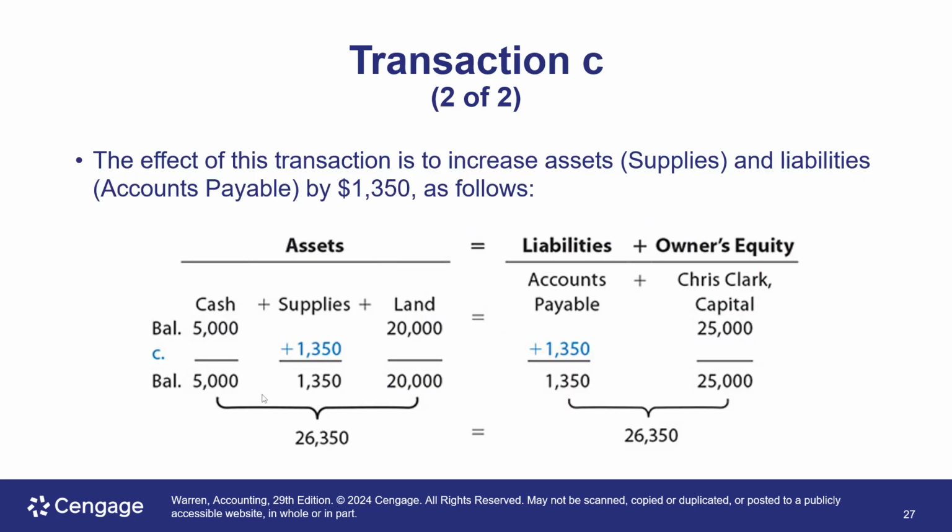So if we look back at our accounting equation, now we have $5,000 of cash, $1,350 in supplies. We didn't spend cash on it because we got the accounts payable for $1,350, and the $20,000 in land. So we have a total of $26,350 in assets, $1,350 in liabilities, and $25,000 in owner's equity, which equals $26,350.